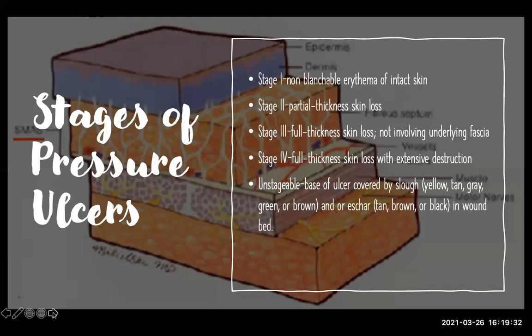Those are just examples. Or it could be eschar, which is a hardening of the discharge, and it's usually a dark color like black, tan, or brown, almost like a shell kind of texture. Dried leather, I guess you could say, is a good example of what to picture.